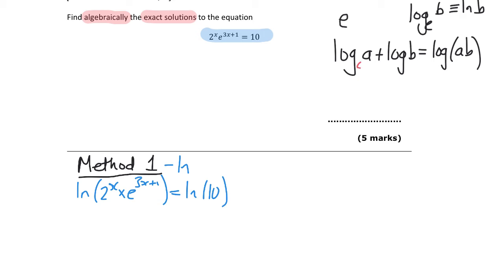So they have to be the same base. Let's call them c. So if I think of ln as a log base e, I can use that rule because I've got a times there. So I can rewrite that as ln 2x plus ln e to the 3x plus 1 equals ln 10.